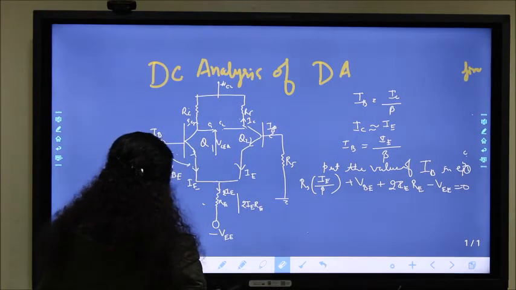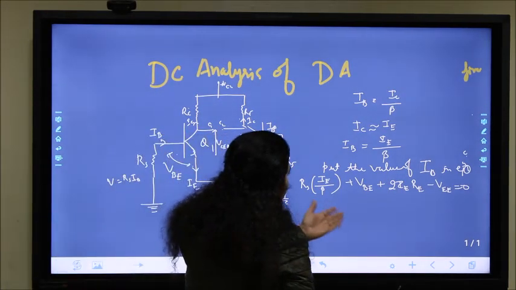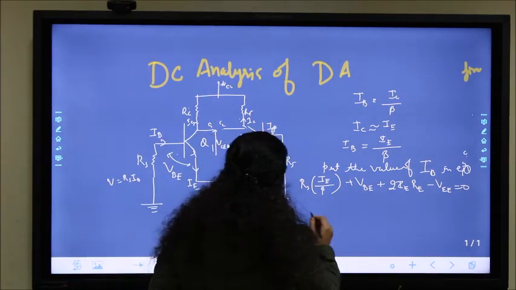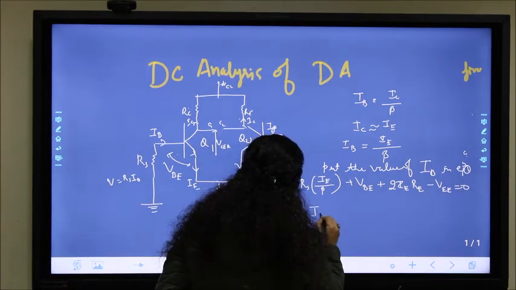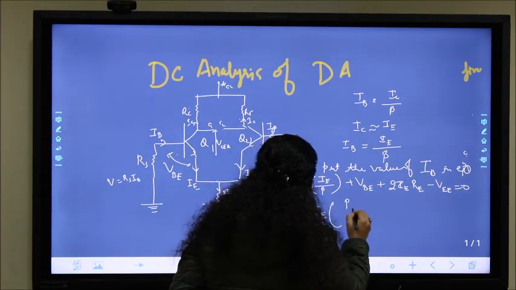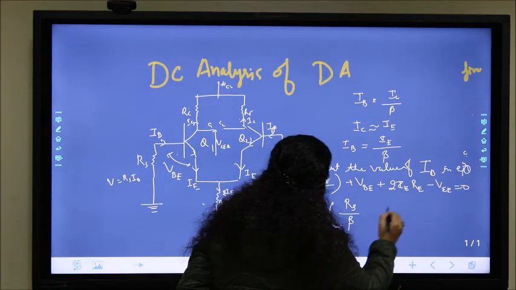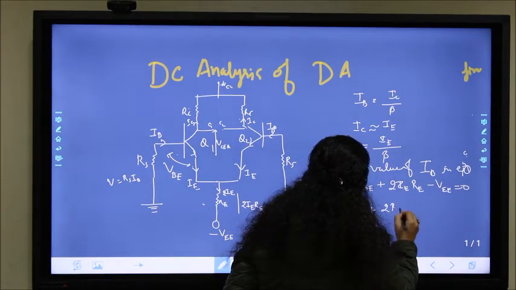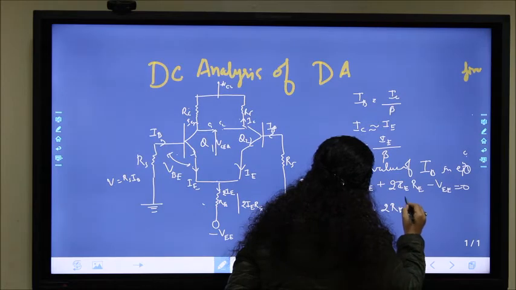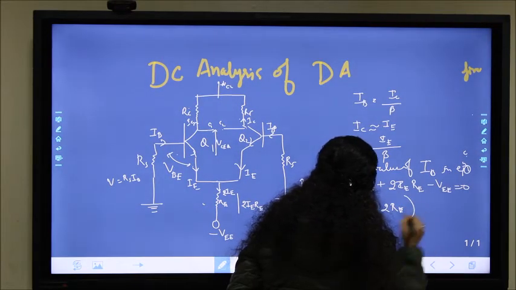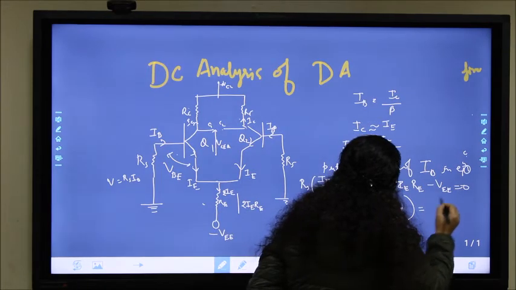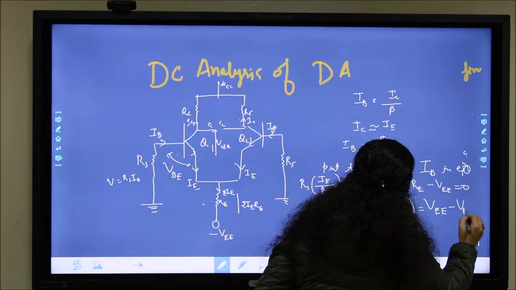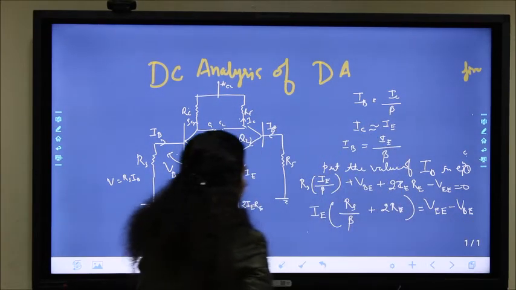Now let us solve this equation. Separate the terms which have IE. That is IE times RS upon beta plus 2RE, and the terms VEE minus VBE.